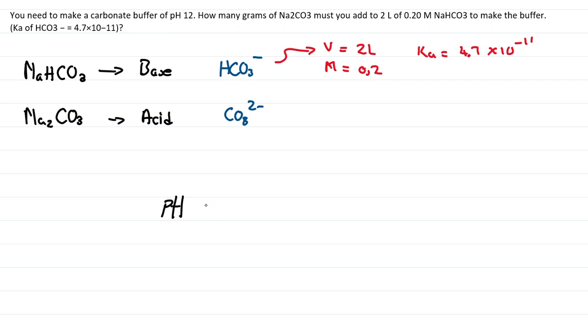So pH is equal to pKa plus the log of the ratio of the concentration of the base over the concentration of the acid.